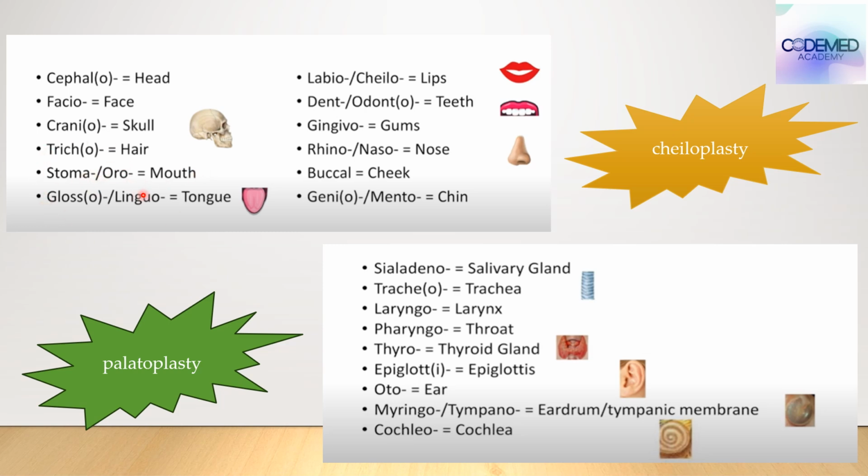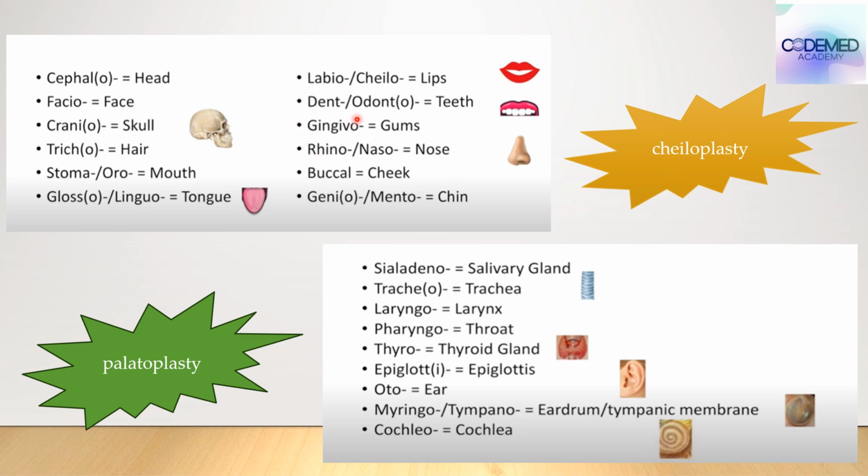Then glosso or lingual is the tongue. So glossitis is the inflammation of the tongue. Then labia or chilo is the lips. Whenever the reshaping of the lips happens as a cosmetic procedure, we use the term chiloplasty.